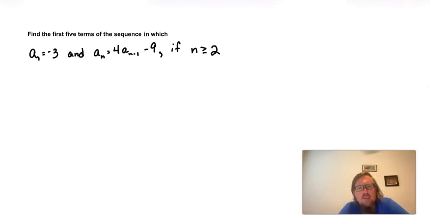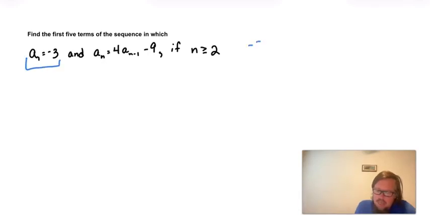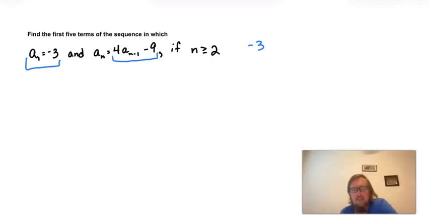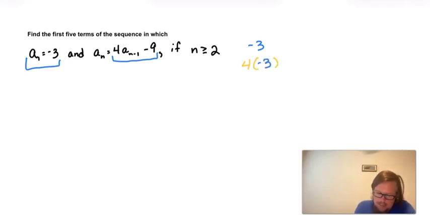All right, let's try it again. First 5 terms of this sequence. Now we're starting with a negative here. -3 is going to be our first term. And this time we are multiplying by 4 and subtracting 9. Okay, so we're going to do 4 times -3 and then subtract 9. So 4 times -3 is -12, and -12 minus 9 is -21.